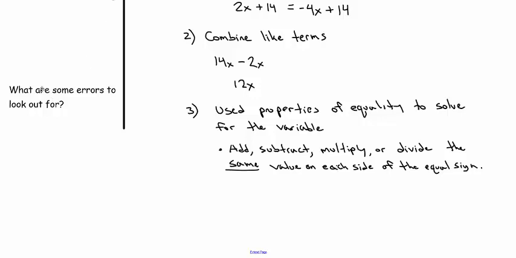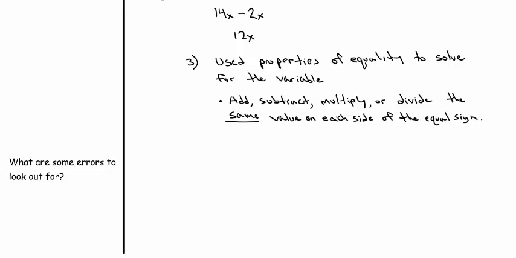So what were some of the things we needed to look out for? If you remember May's problem, she subtracted values that were inside the parentheses without first removing the parentheses. She had 3 times the quantity of 5x plus 9, and she just subtracted the 5x.